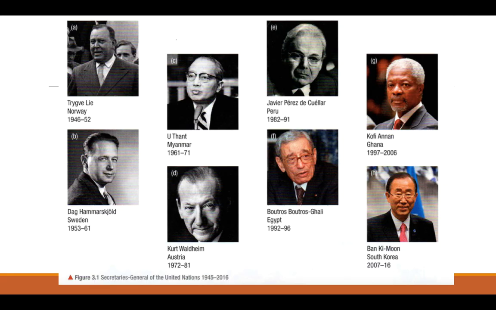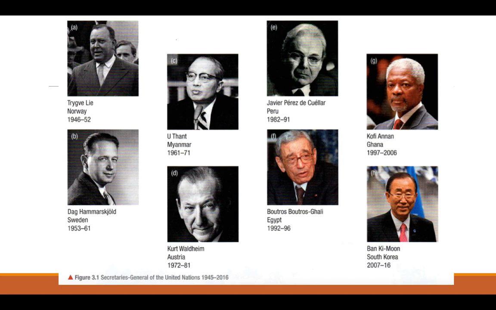I'll go back. Please have a look at those pictures. Look at the countries they are representing and tell me what is different about it. Please have a look at the countries that these people are from. South Korea, Egypt, Austria, Myanmar, Peru, Sweden, Norway.